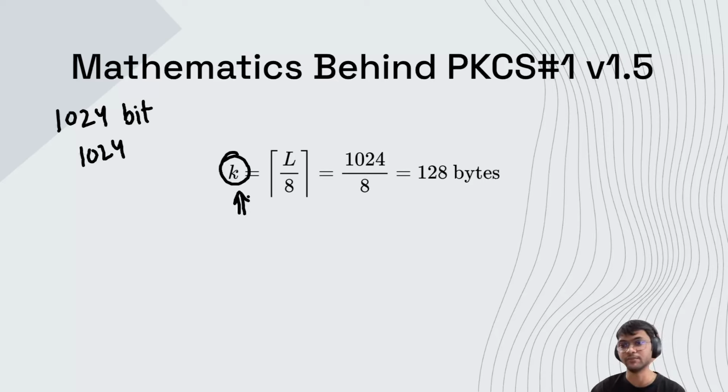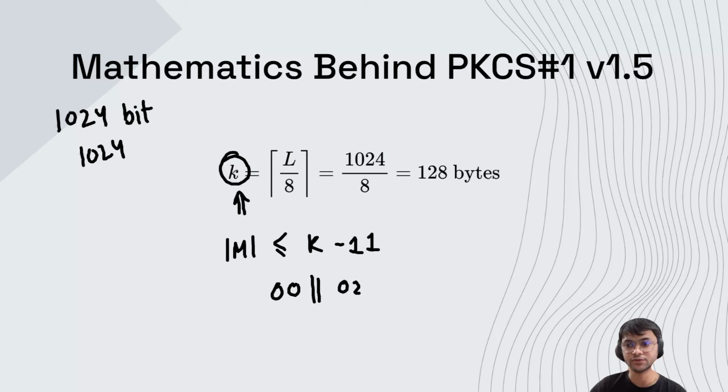Now, here the length of the data shall not exceed K minus 11 octets, since these 11 octets are consumed by the block 00, 02, PS, which is the padding string, and again 00, which is the delimiter.